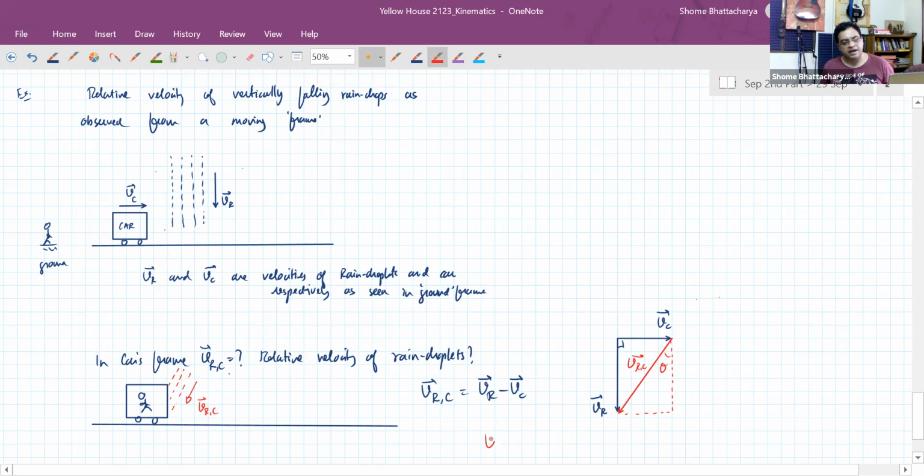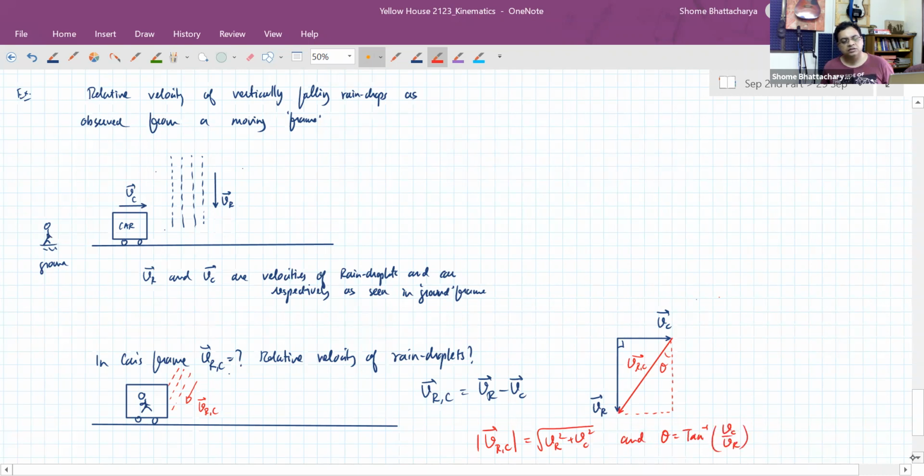And you can see that the magnitude of this relative velocity will be the square root of this magnitude squared plus this squared, because they are perpendicular vectors. And theta, the angle of inclination, will be tan inverse of VC divided by VR.